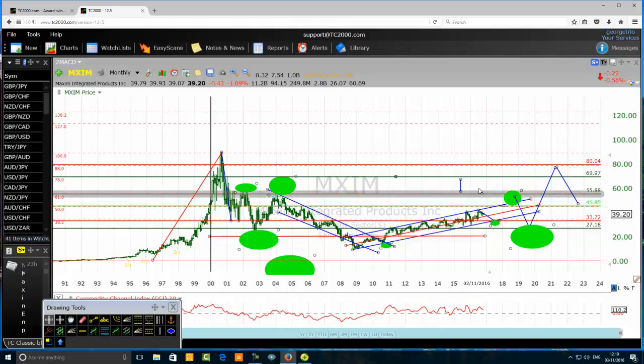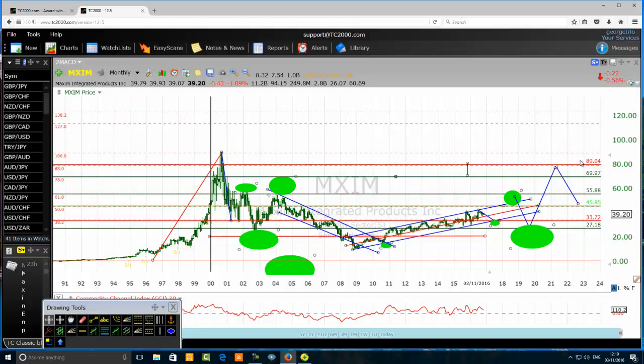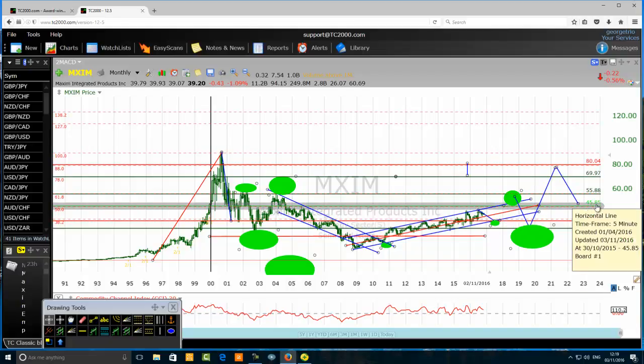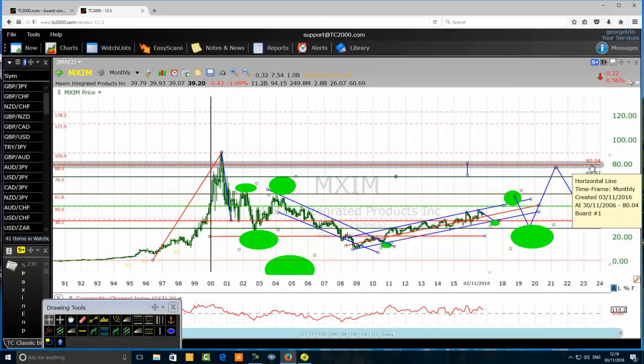So here we are, by projecting one more time, we have the level of $69.97, and one more time brings us into the zone of $80. So remember the depth of this inverted head and shoulder pattern, we can use it to map out the chart. So there are key levels that professionals are watching: $33.72, $45.85, $55.88, $69.97, $80 zone.